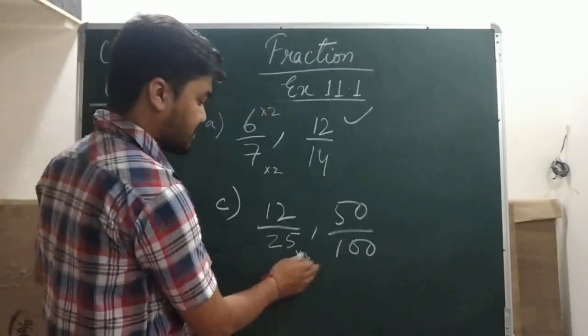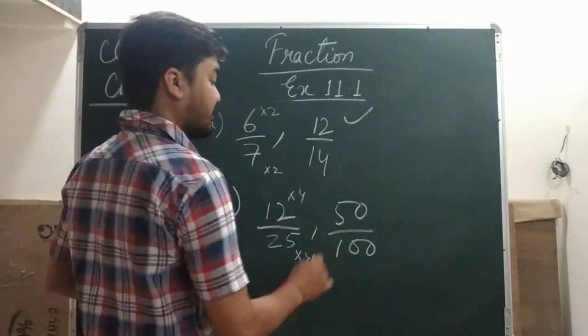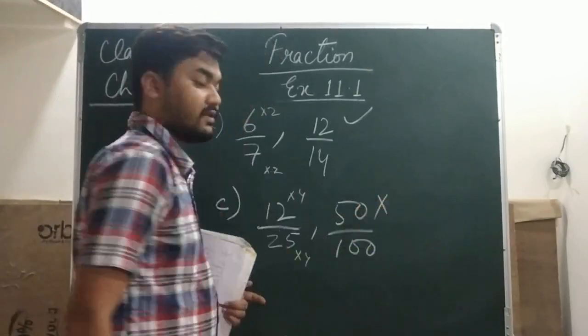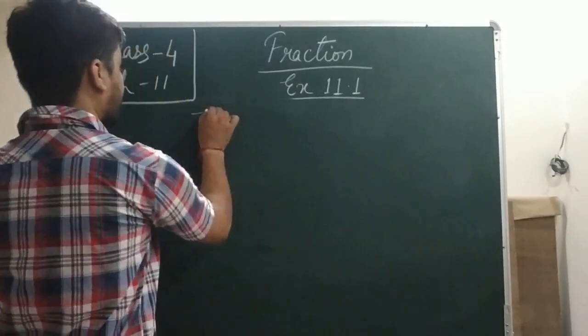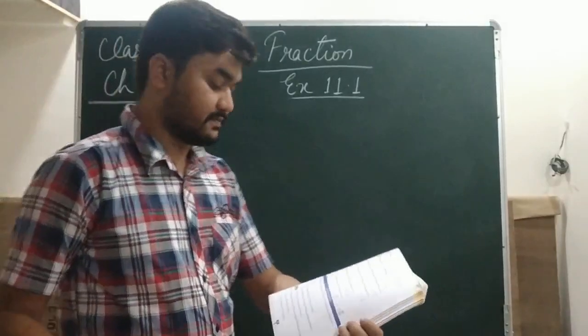Okay, 25 fours are 100. So if you multiply the similar number, 12 fours are 48 we are getting, but here it is 50, so it is not equivalent. Understood?